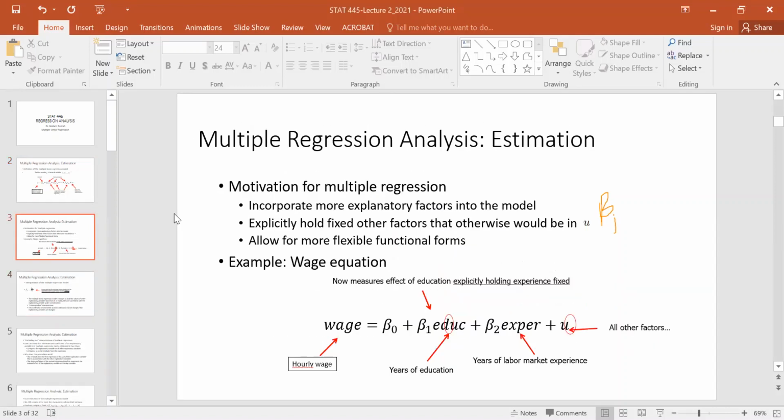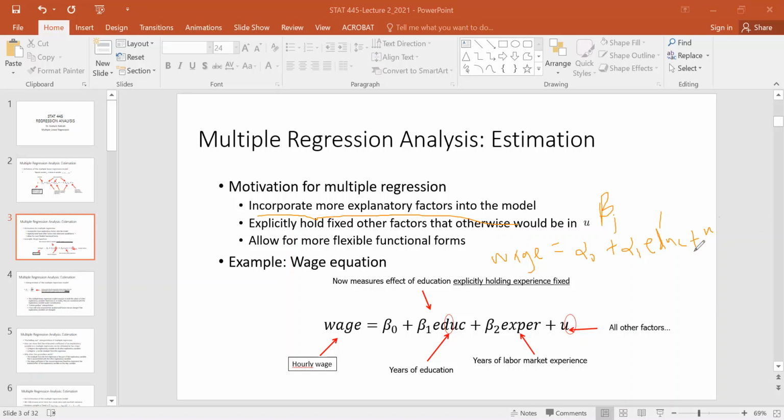The idea of holding other factors fixed is that those factors could be in u. Take for example our simple regression: wage is equal to, let's say, alpha 0 plus alpha 1 education plus u. You run this model and you say, if education increases by 1 year, wage will increase by alpha 1, holding other things constant.